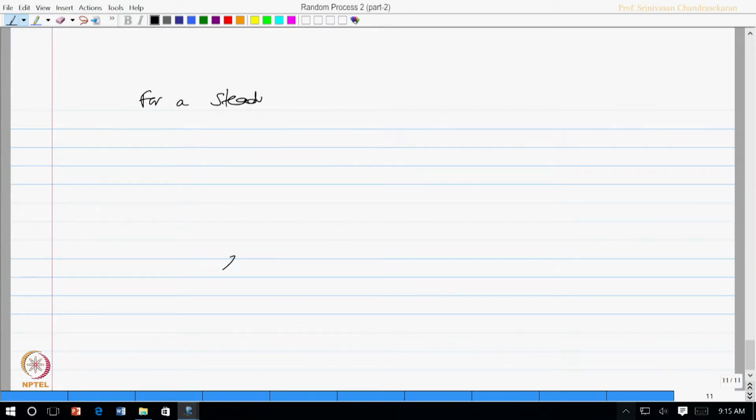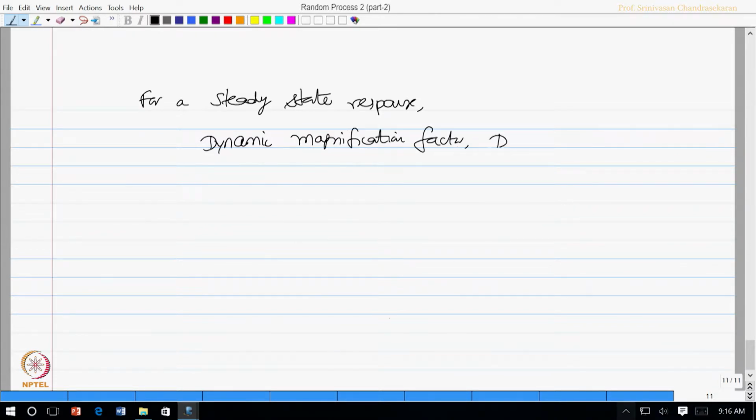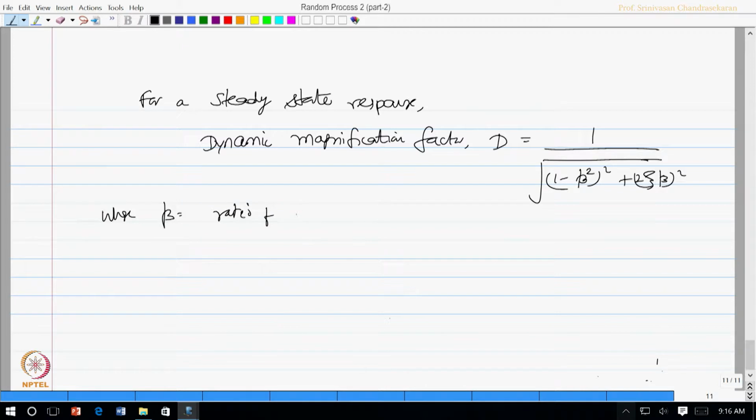For a steady state response, we know the dynamic magnification factor, which we call D, is given by this expression: 1 by root of (1 minus beta square) plus (2 zeta beta) the whole square, where beta is the ratio of forcing frequency to the natural frequency of the system, and zeta is the damping ratio.